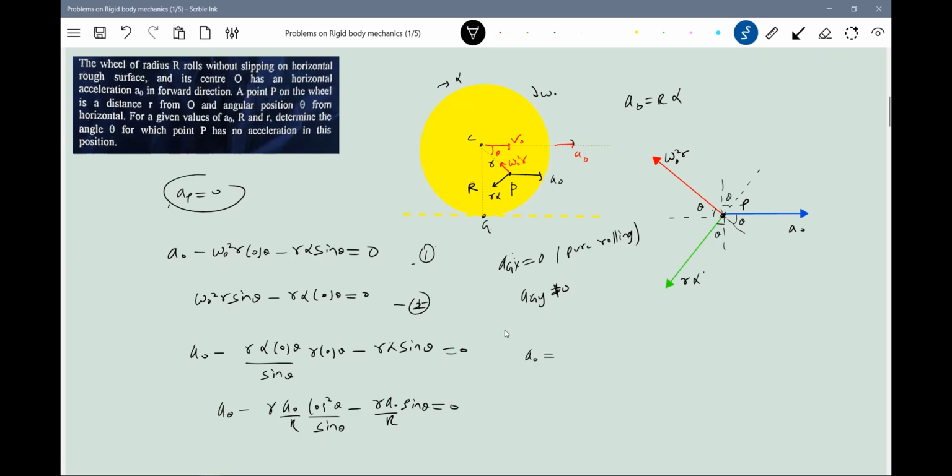A naught is equal to r sin theta by R. Cos square theta, when you take a naught common, cos square theta plus sin square theta will be 1.